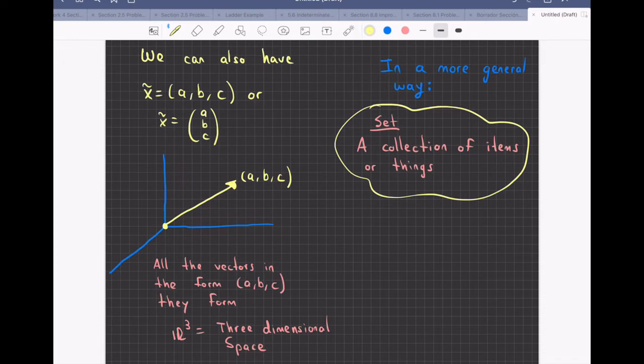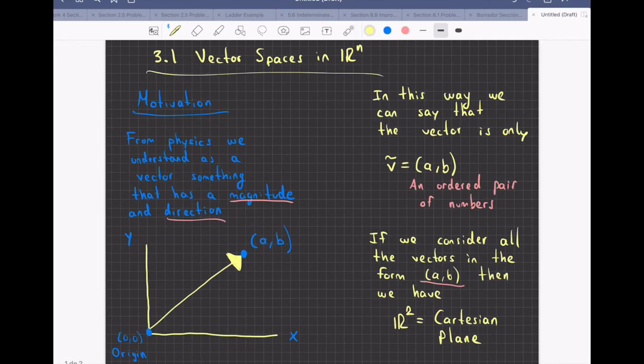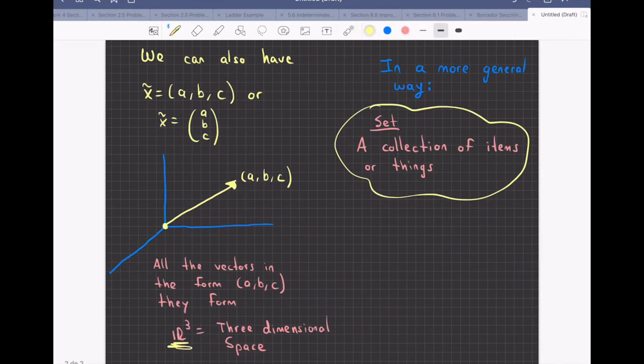Now, we can define not only as we did here, where I have R3 and R2. How can we define Rn for any n that is a natural number?